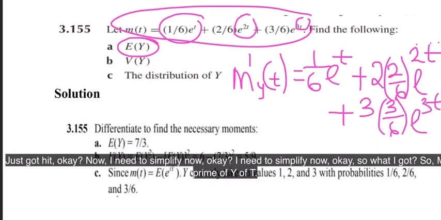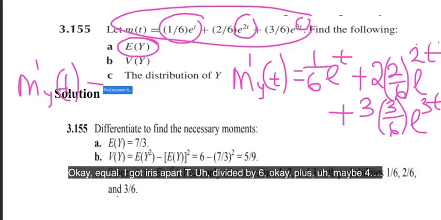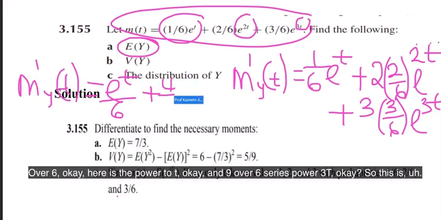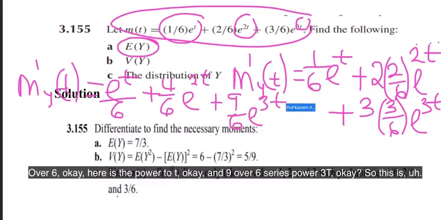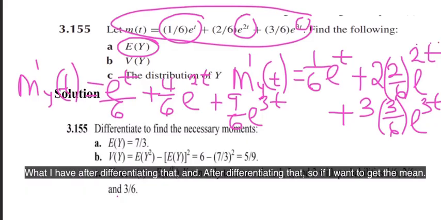So m prime of y of t equals e raised to power t divided by 6, plus 4 over 6 e raised to power 2t, plus 9 over 6 e raised to power 3t. This is what I have after differentiating.